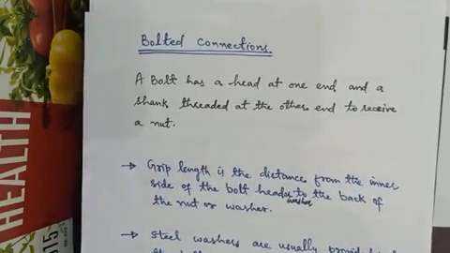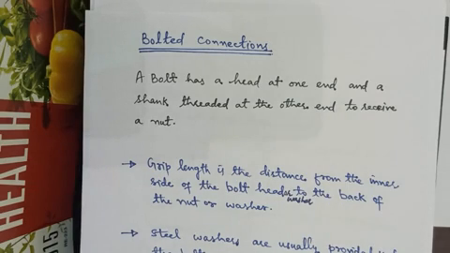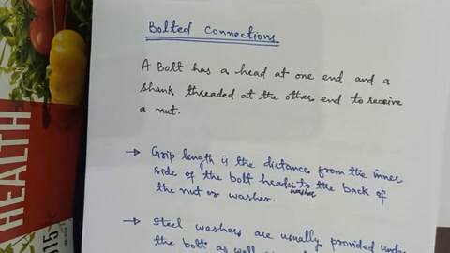In case of bolted connections, a bolt and nut is used to join different members of a steel structure. And a bolt has a head at one end and a shank threaded at the other end.